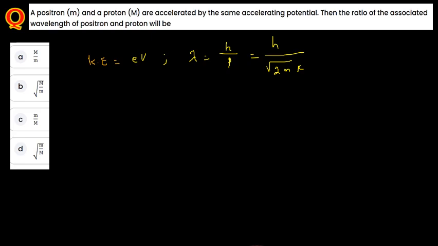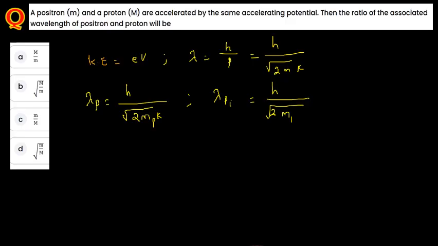So lambda of proton will be equal to h divided by square root of 2 and mass of proton and kinetic energy, because kinetic energy is the same. And lambda of positron is h divided by square root of 2 m of positron into k.